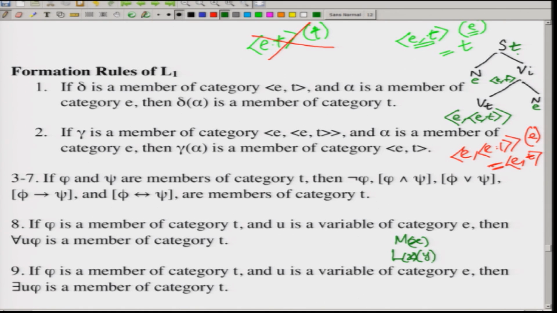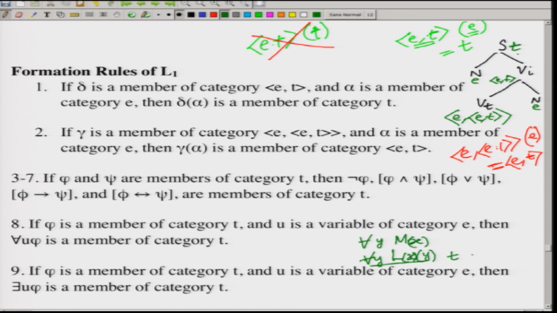And then if u is a variable, say y, then all y Mx is a formula, and all y Lxy is also a formula, but more than that, it belongs to the category T. That is, it belongs to the level where a statement belongs. We are not saying that these are statements, but they belong to the same category as the statements do. Now, these are all T.